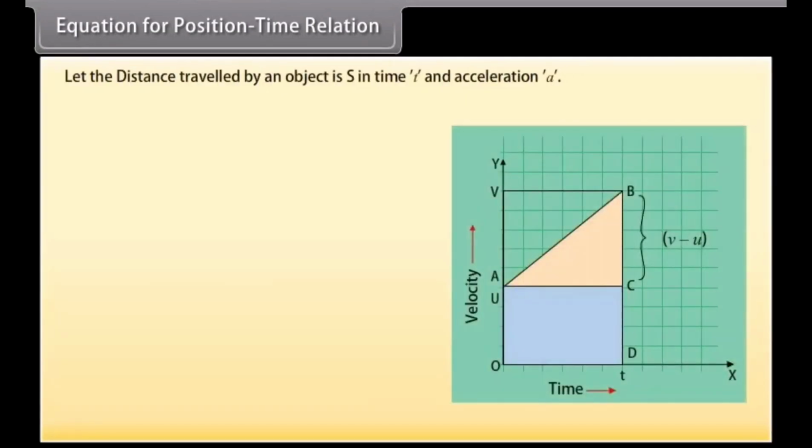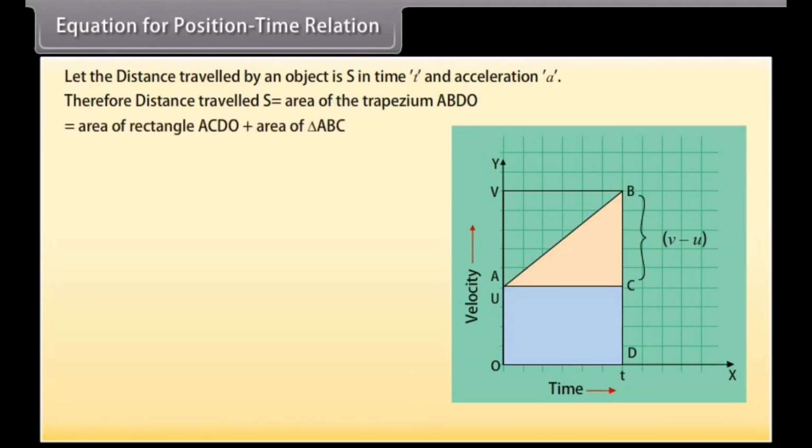Equation for position-time relation. Let the distance traveled by an object be s in time t with acceleration a. We can see that the distance traveled by the object is obtained by the area enclosed within the graph. Therefore, distance traveled s is equal to the area of trapezium ABDO, which equals the area of rectangle ACDO plus the area of triangle ABC, which is OD × OA + 1/2 BC × AC.